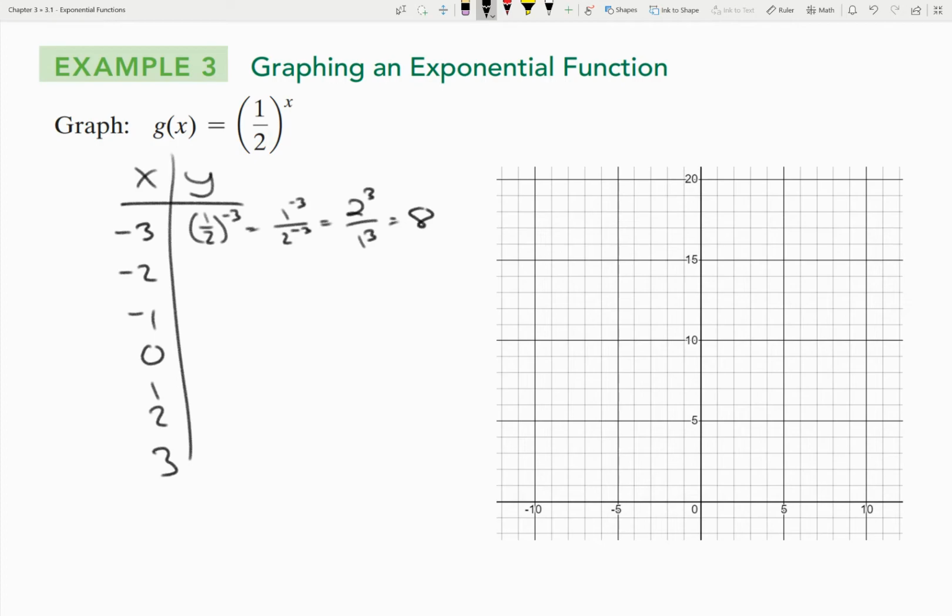So if you raise a fraction to a negative exponent power, it turns into a number bigger than 1.